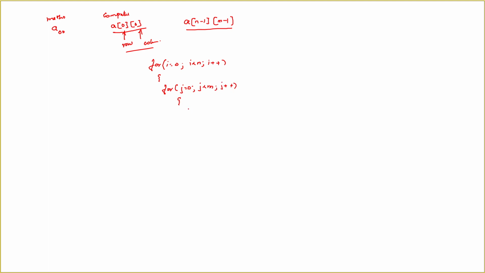To read the elements, I will be writing scanf %d, address of a[i][j], where i is the row index and j is the column index. So this is how you will be writing the program to read the elements of a matrix.